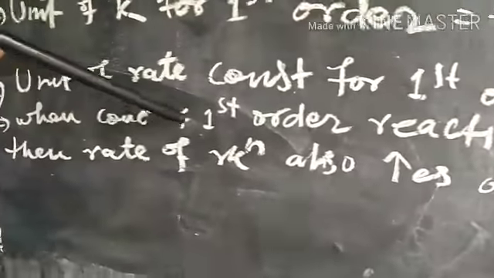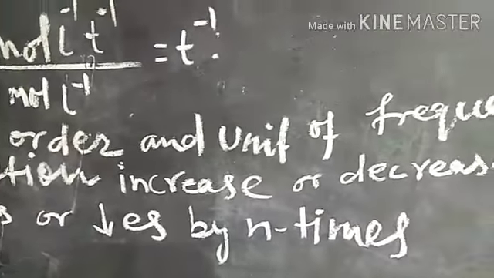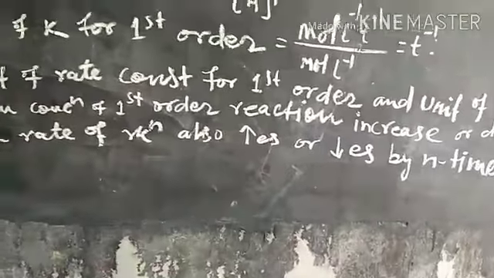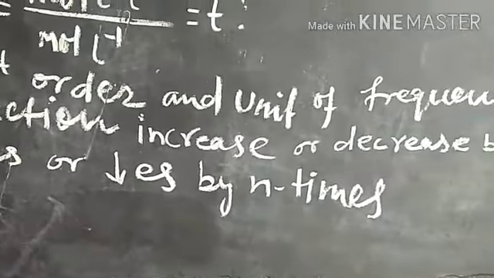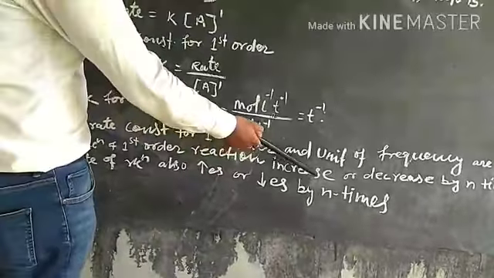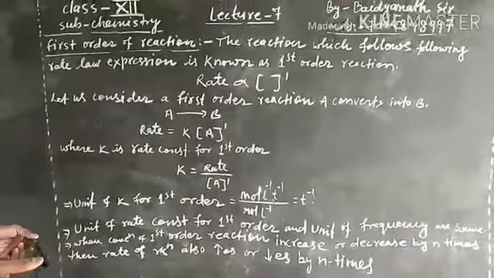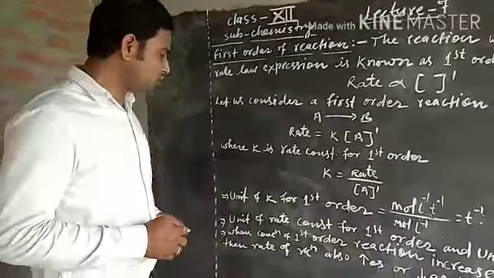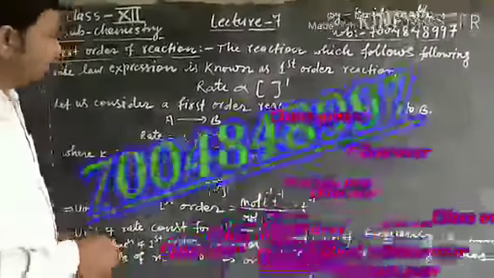When the concentration of a first order reaction increases or decreases by n times, then the rate of reaction also increases or decreases by n times.